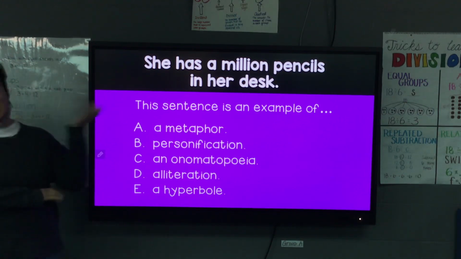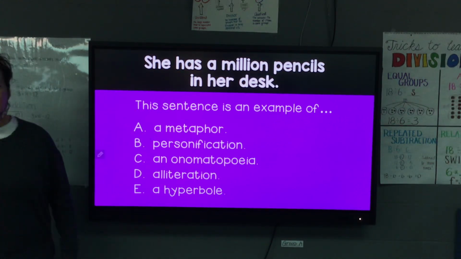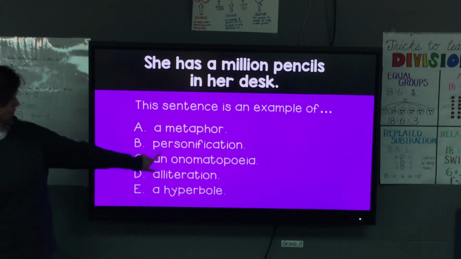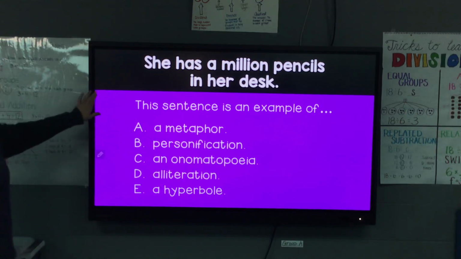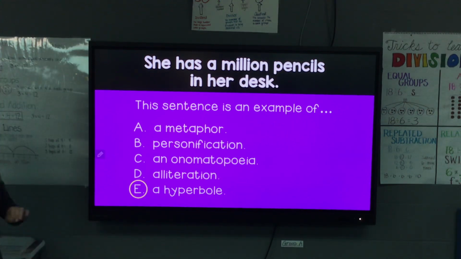An exaggeration? Is that an exaggeration? Yeah. Could you really have 1,000,000 pencils in your desk? Okay, so which one of those is an exaggeration? A hyperbole is an exaggeration.